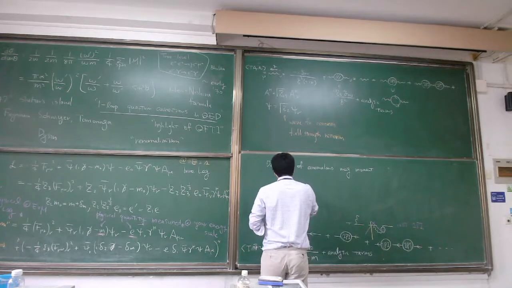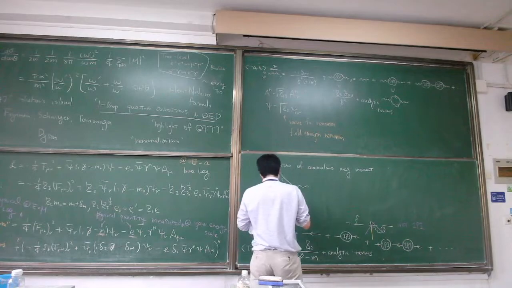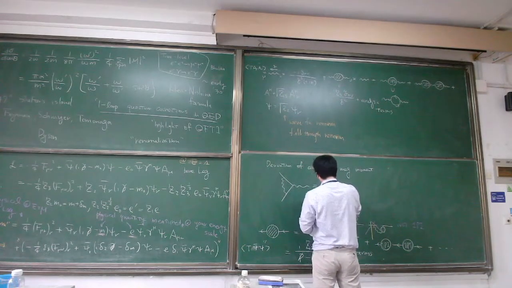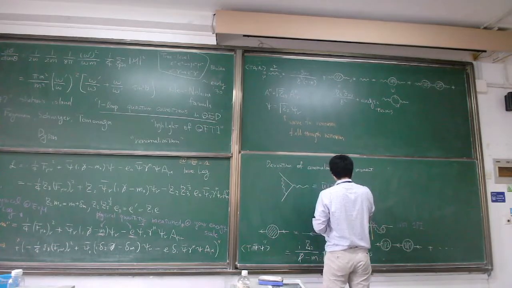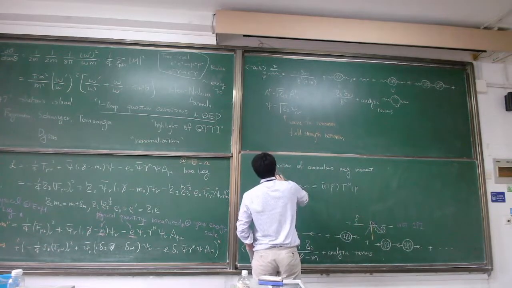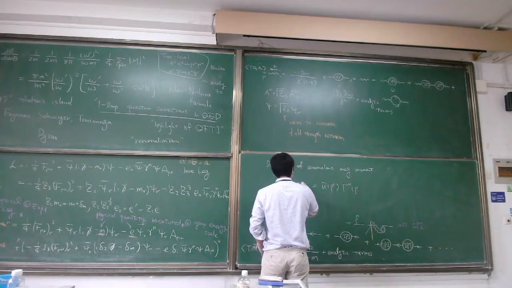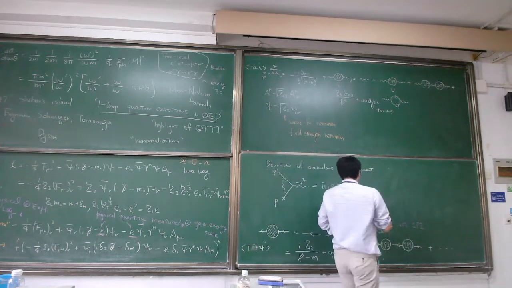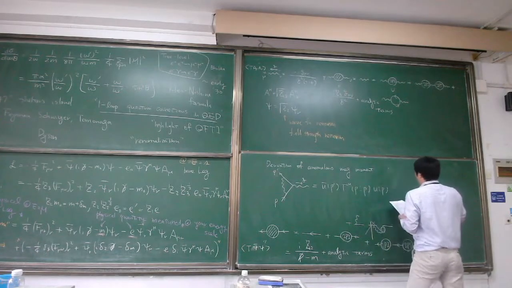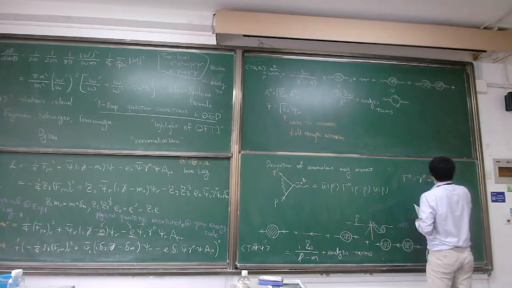We will evaluate this kind of diagram, which up here is u-bar(p') gamma^mu u(p), with q, p' and p. And this gamma^mu has the form gamma^mu plus delta gamma^mu.